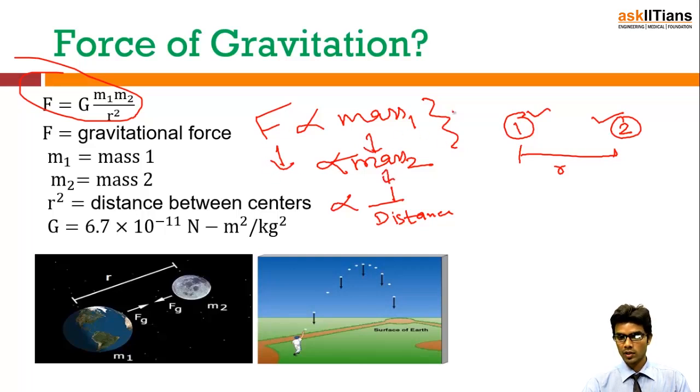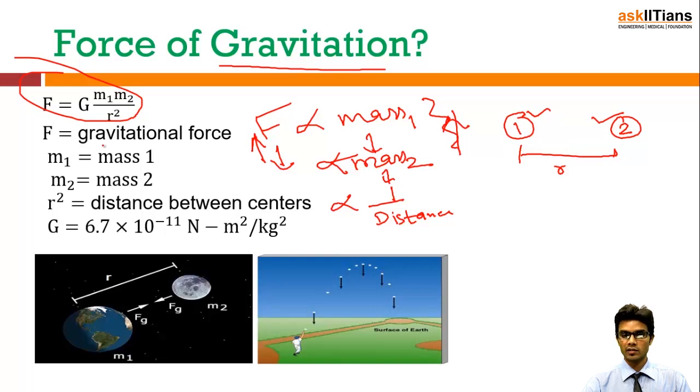If mass is higher, then force will also be higher. So force of gravitation is dominant for macroscopic bodies and it is almost negligible for microscopic objects. Here F is equal to G m1 m2 by r square.